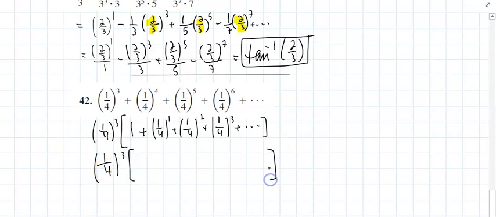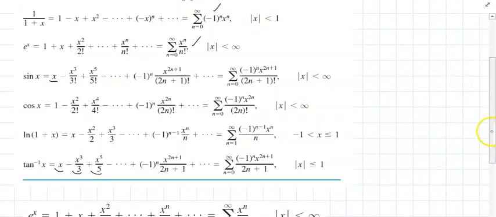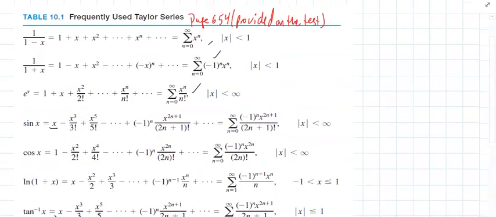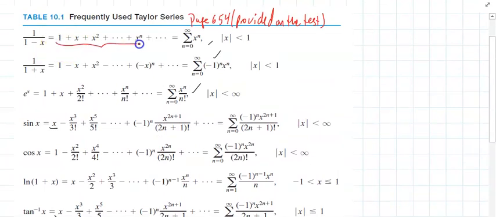I see it, this is geometric. But let's say you didn't see it. Do you see where that is? 1 plus x plus x squared plus x cubed. Isn't that all 1 over 1 minus x?